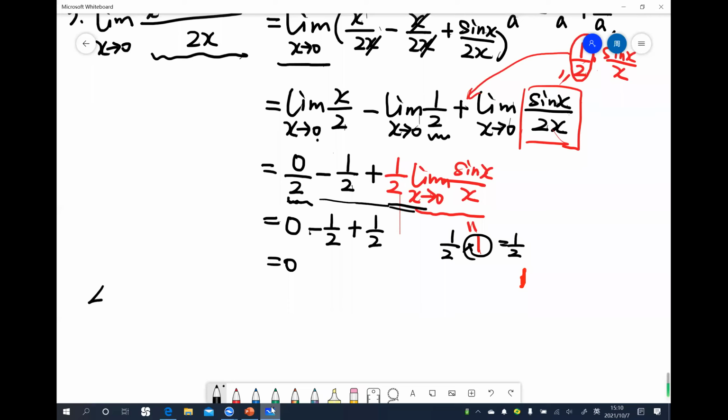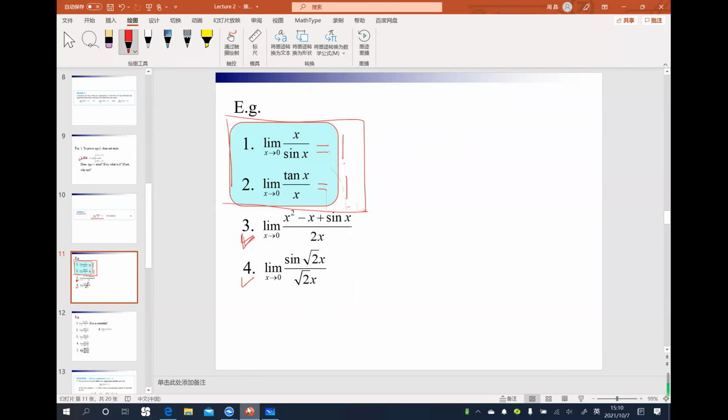And for the last question, here I will give you a hint, but I see some students have worked it out. That is really excellent. So look back to the question. We want to calculate the limit of sine of square root of 2x by square root of 2x.